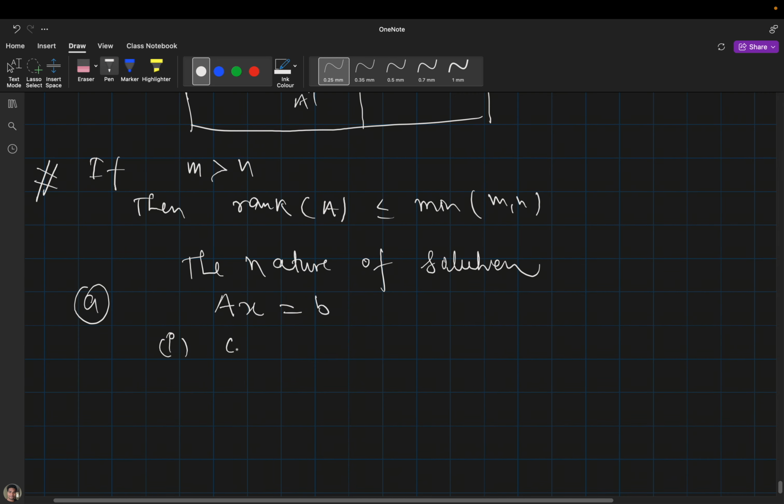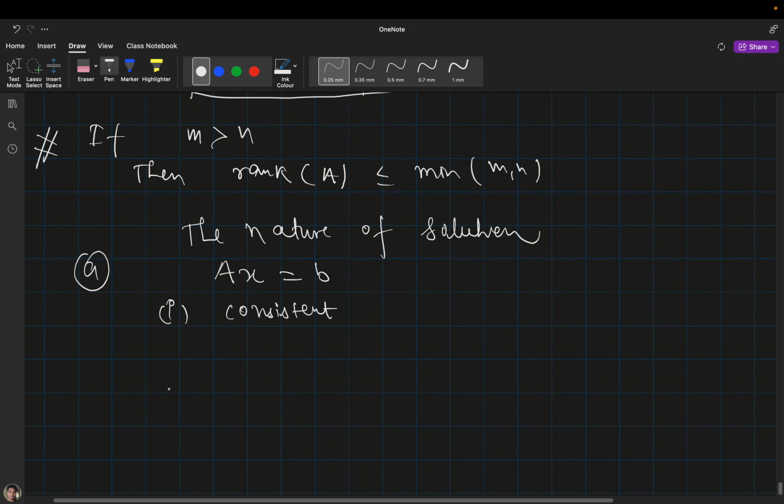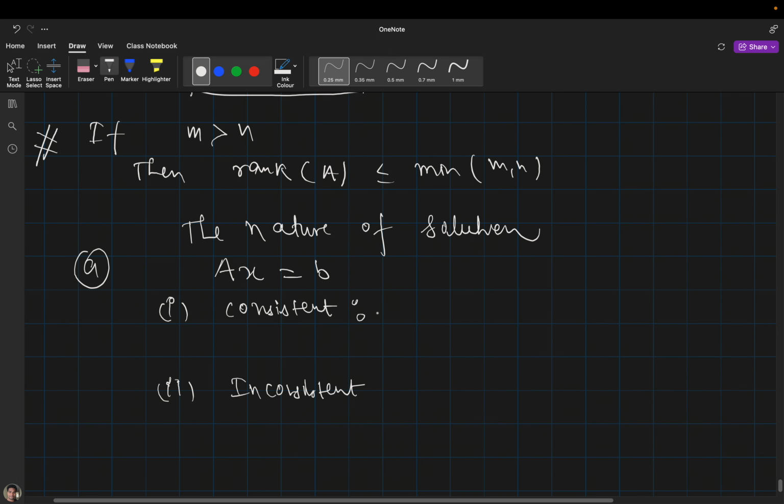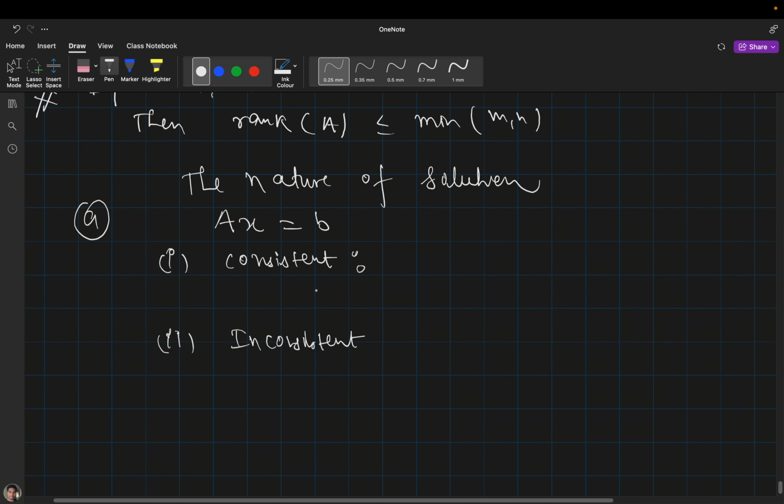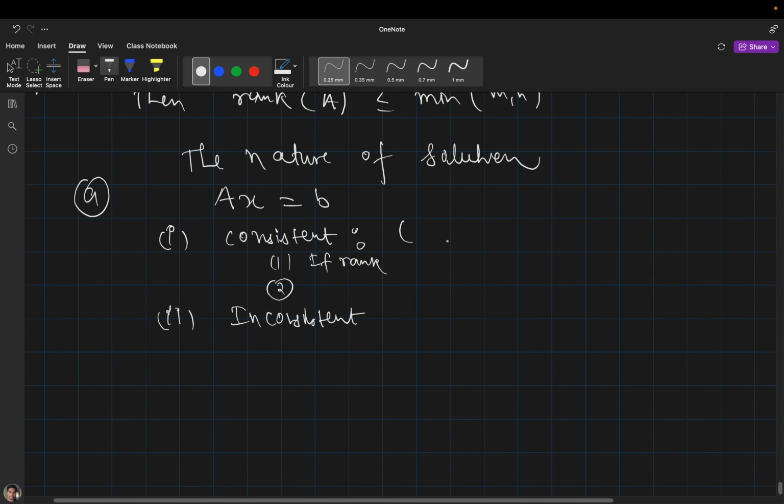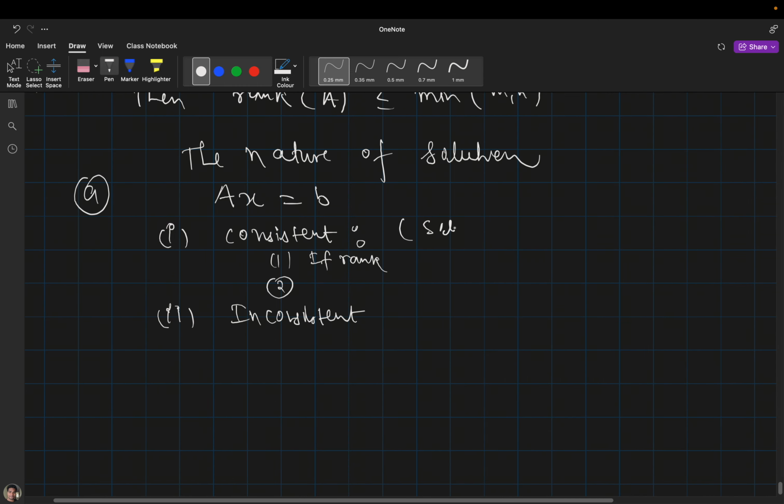First condition is either it will be consistent or it will be inconsistent. If it is consistent, then it will have two more conditions inside it. Consistent means solution will exist. Inconsistent means no solution.